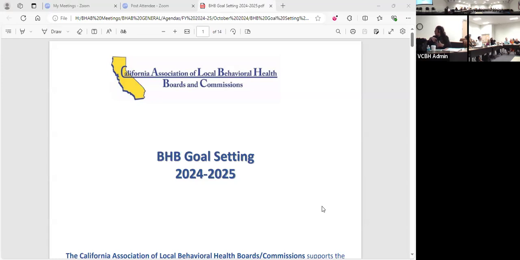It's a heavy lift for an advisory board, all of the requirements that you have. And I really appreciate that you're all willing to roll up your sleeves and come to the table and inform the system. You're experts in your own experience, and that really needs to inform the system and improve behavioral wellness in your community.